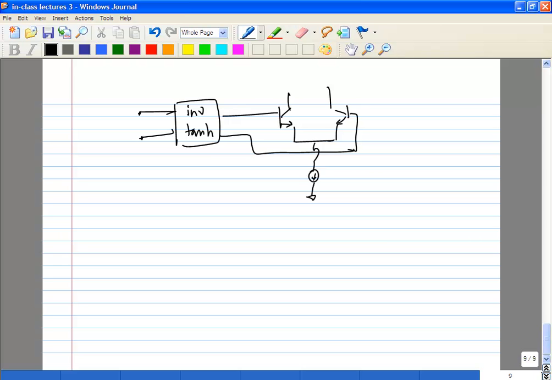So you can create an inverse tan hyperbolic at the gate. If you do that, you'll get a very linear characteristic, let's say for input current to output current. So we know this is the tanh.